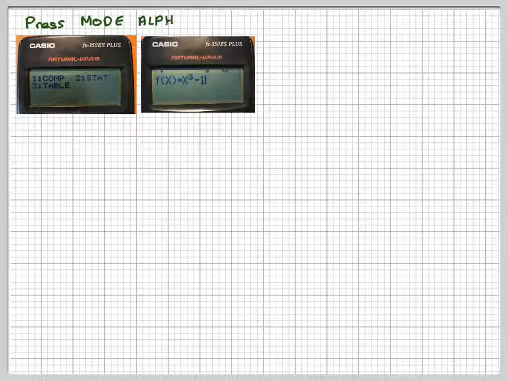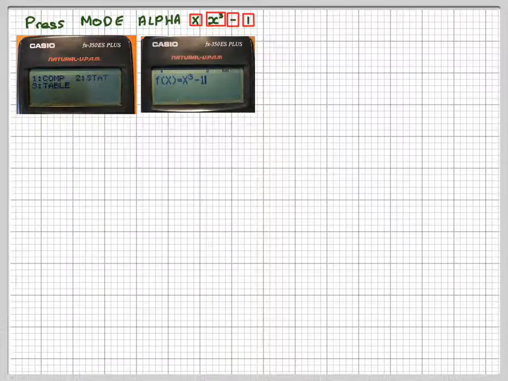So to do that, we'll do alpha, and then there will be a red key above the end bracket. There will be an x. This will be the key here, red on the keyboard. We need the x cubed key, and then we need a minus sign.